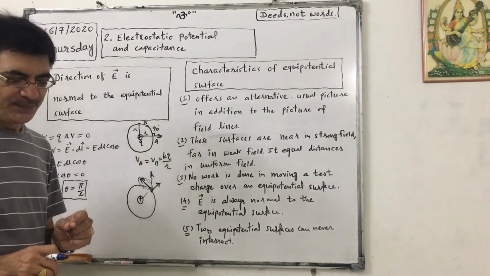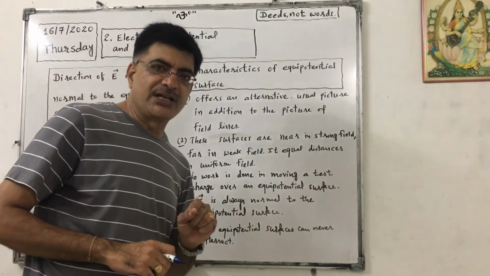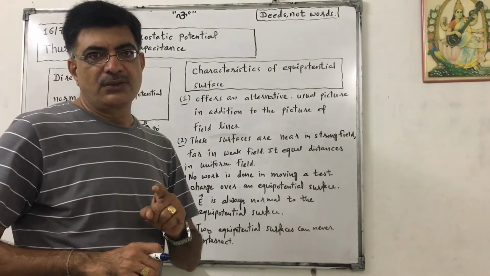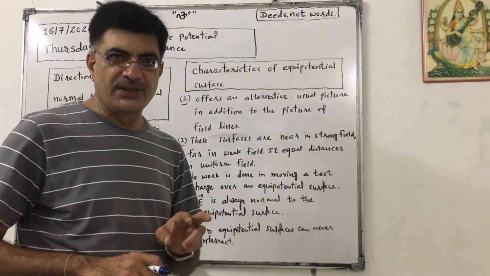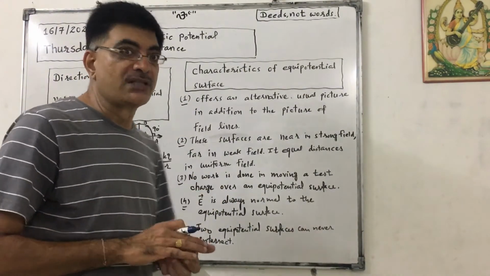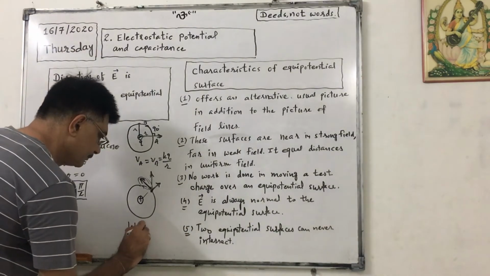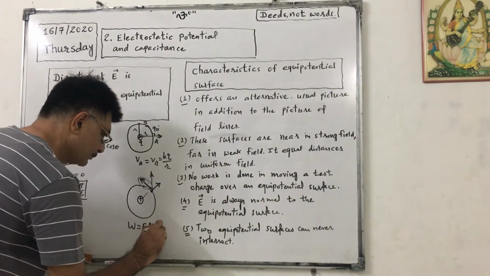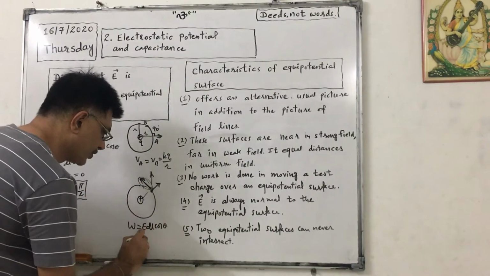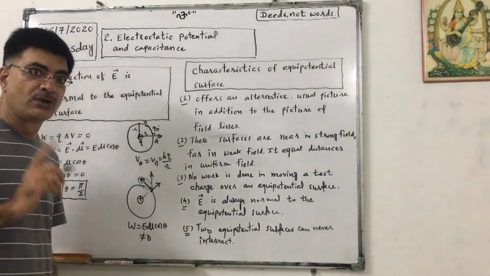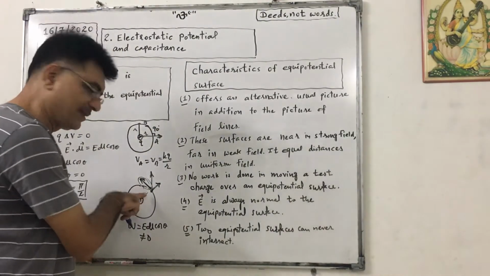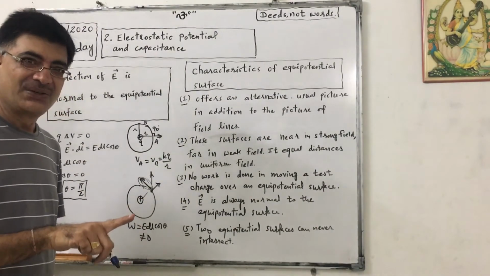Means if we want to move a unit charge from one point to another point on equipotential surface, the work will be non-zero. Because this component is not zero, so work will be non-zero. If we consider like this, which is not the case, okay?